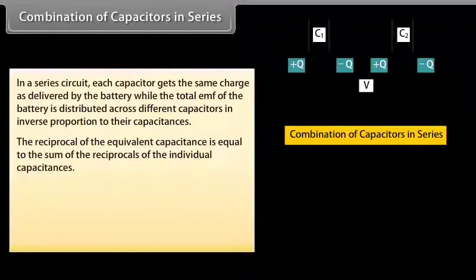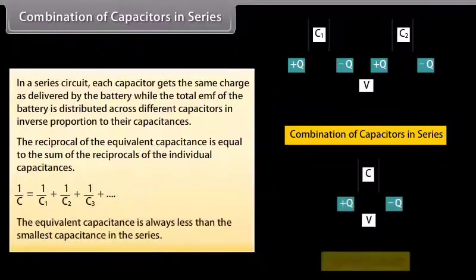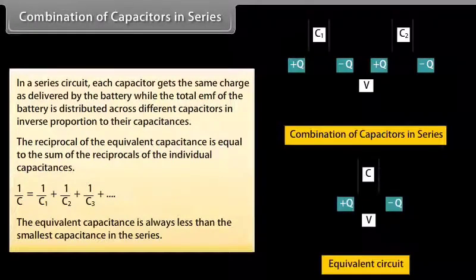The reciprocal of the equivalent capacitance is equal to the sum of the reciprocals of the individual capacitances. 1 by C is equal to 1 by C1 plus 1 by C2 plus 1 by C3 and so on. The equivalent capacitance is always less than the smallest capacitance in the series.